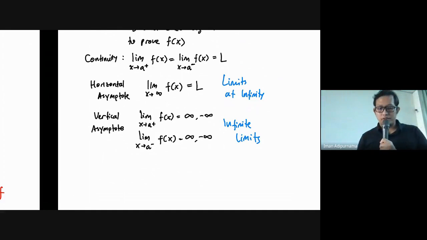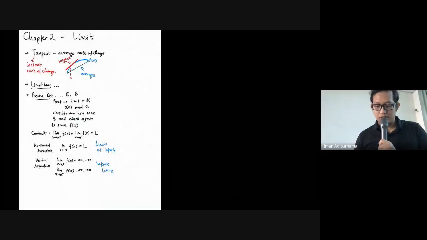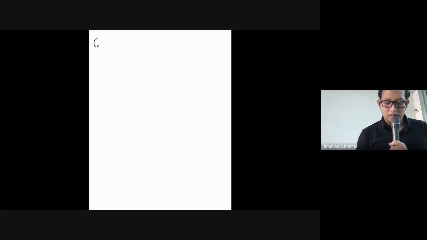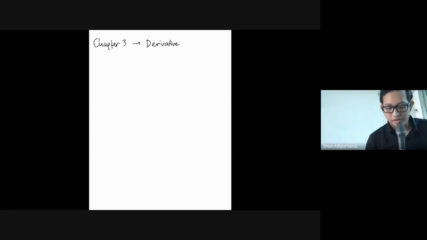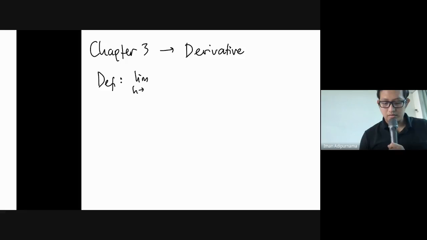Okay, so that's chapter 2, the limit. And chapter 3 is basically the derivative and some techniques for differentiation. We start with the definitions. Maybe I will write the definitions.